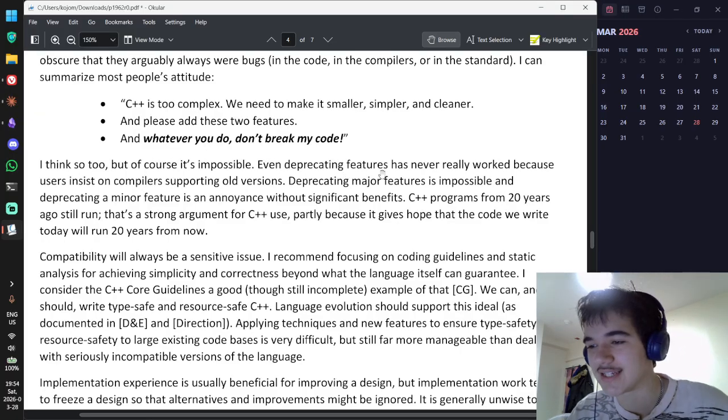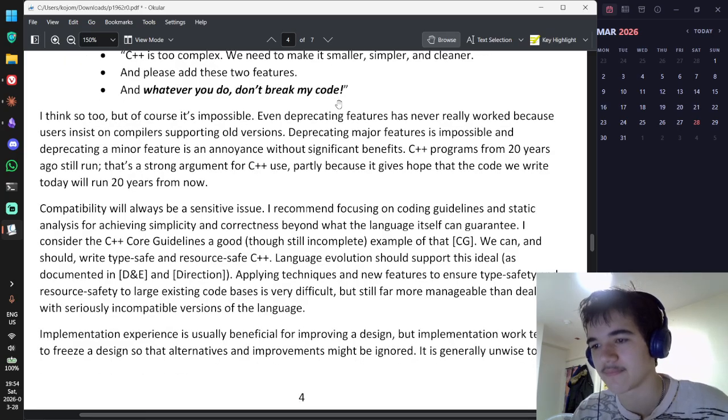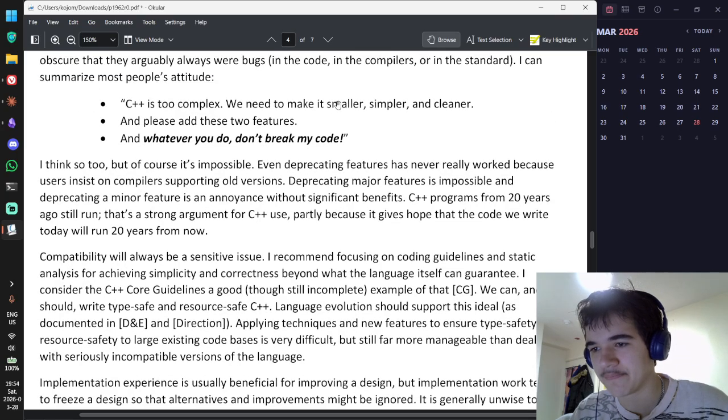Even deprecating features has never really worked because users insist on compilers supporting old versions. Yeah, sorry, I'm thinking this through: what if you just support old versions, like again the Rust edition system.